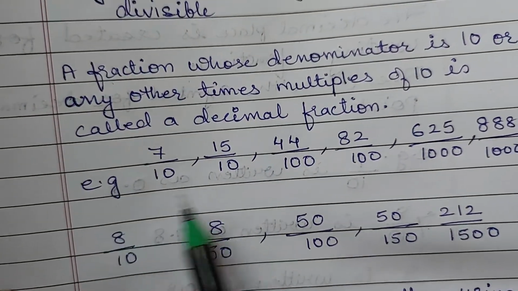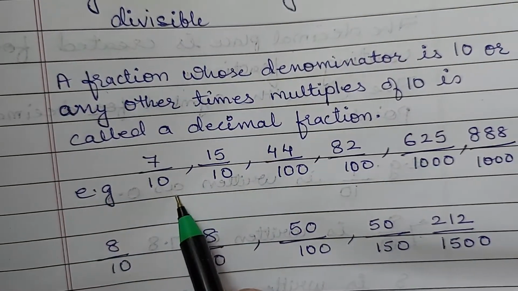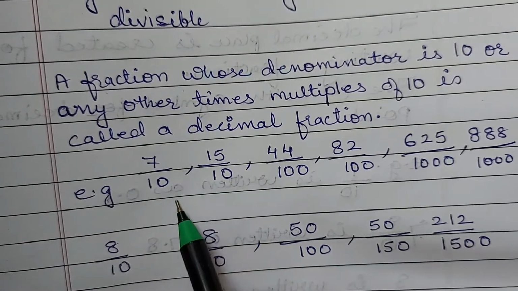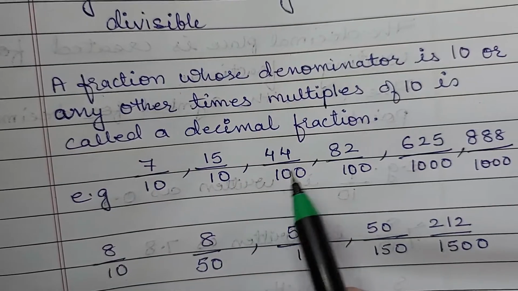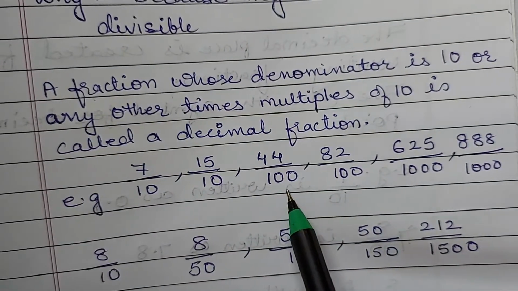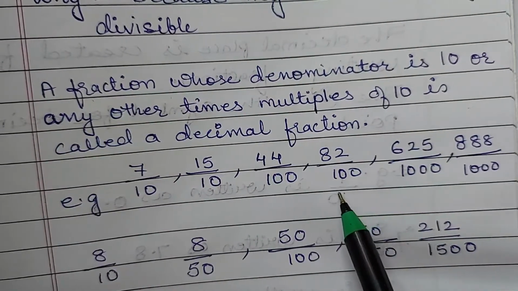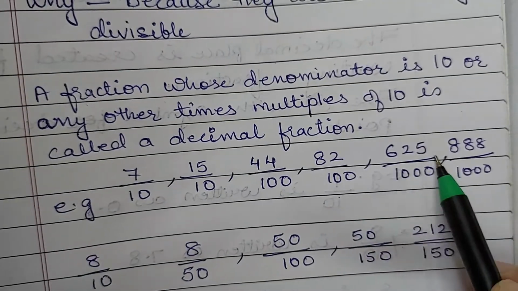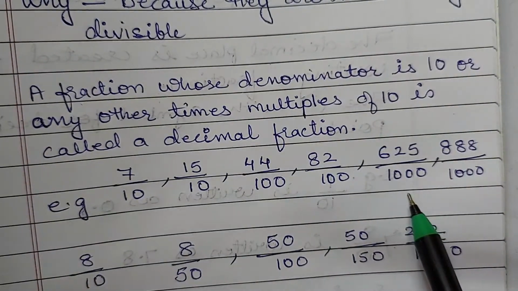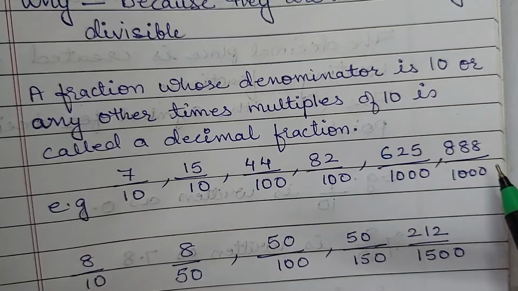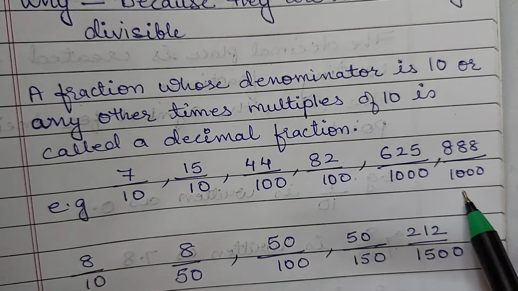Now for example, 7 upon 10, yes, it is a decimal fraction. 7 upon 10, 15 upon 10, 44 upon 100, 82 upon 100, 625 upon 1000 or 888 upon 1000. Right children?